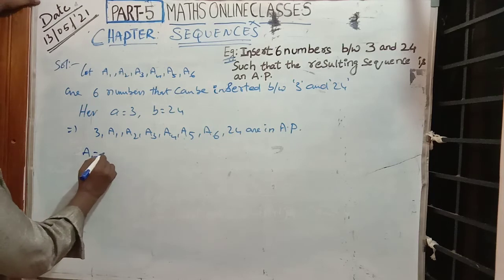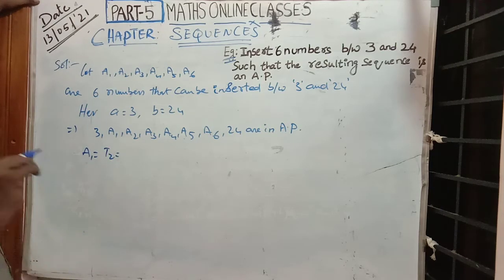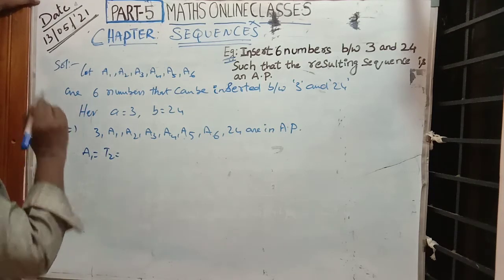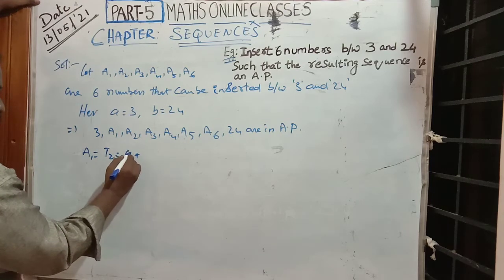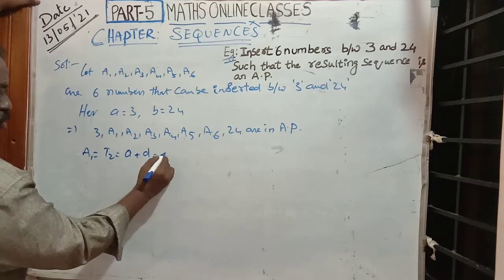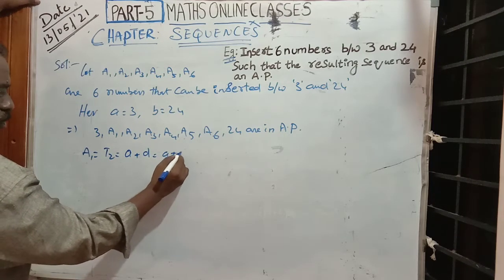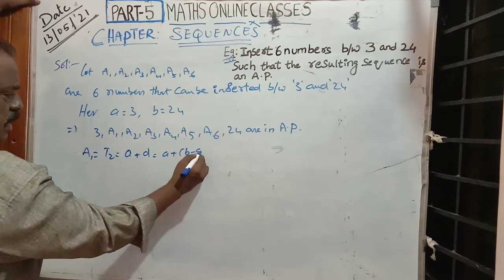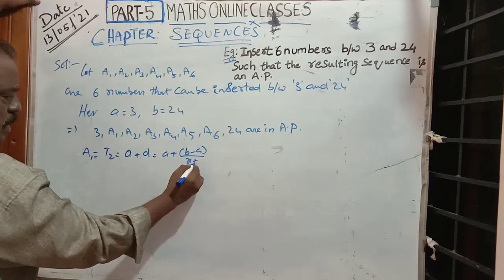A1 is equal to T2. The formula is A, small a, plus 1D. That means A plus (B minus A) by (N plus 1).